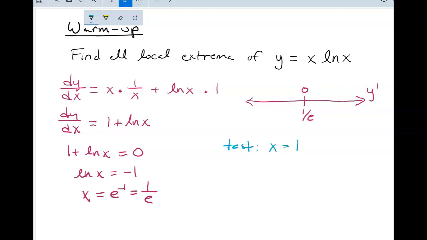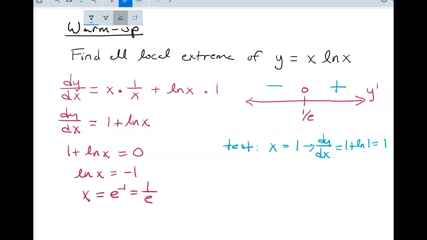If we test x equals 1 in the derivative, we get dy/dx is equal to 1 plus ln of 1. ln of 1 is 0, so that's going to give us 1 plus 0, or 1, which is a positive number. And then the natural log changes signs at its 0, so we're going to be negative to the left.